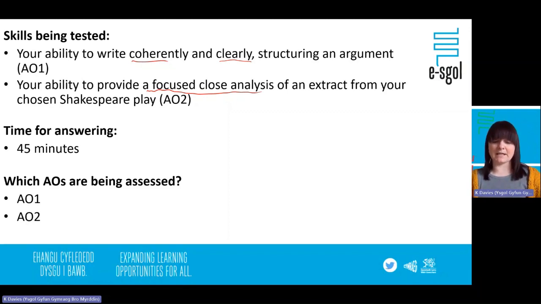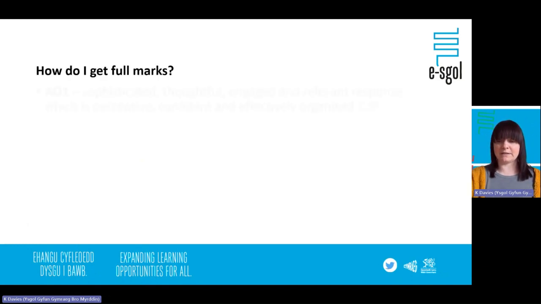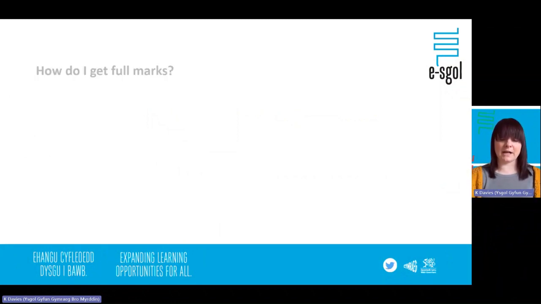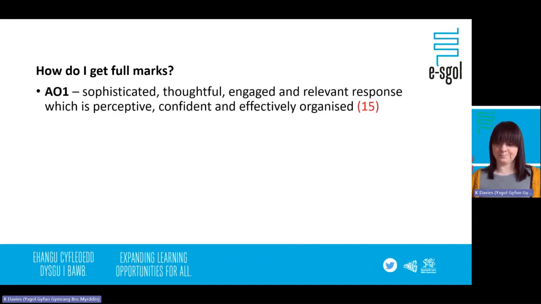You need to ensure a detailed, thorough analysis of the given section or extract. You have 45 minutes ideally for your extract question, and you're looking at AO1 and AO2. If you've got some lovely context that links to this, fine, but don't waste your time putting in contextual detail, because there are no marks awarded for it in this section.